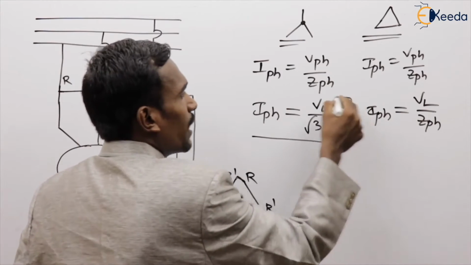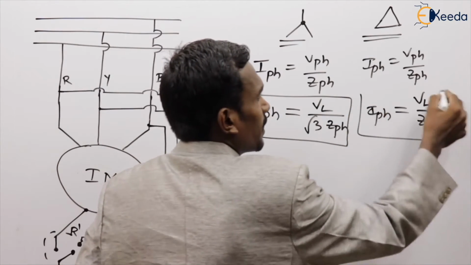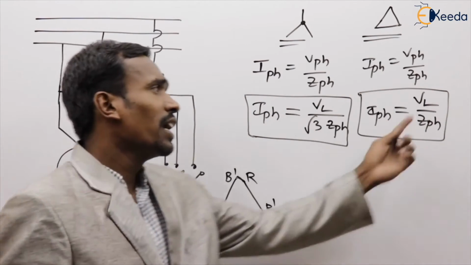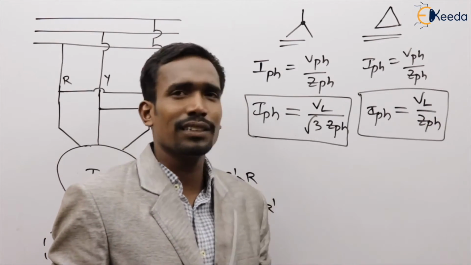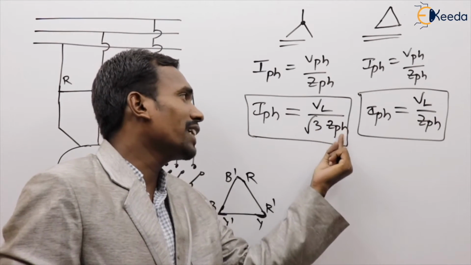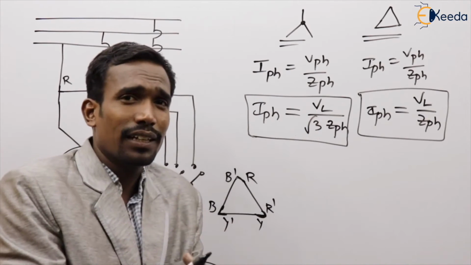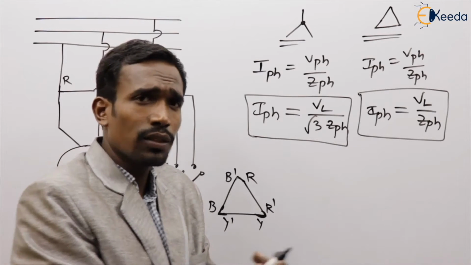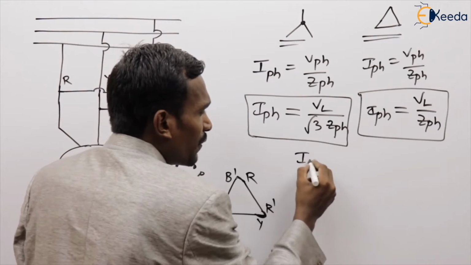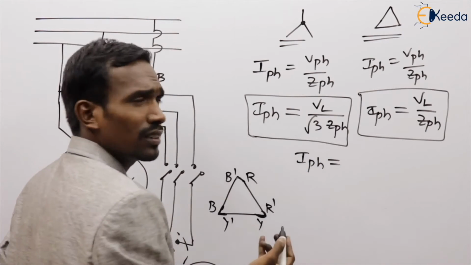Check where the current is less and where it is more. See here, in delta the current is VL by Z phase, but in star the current is VL by Z phase divided by root 3. Yes or no?